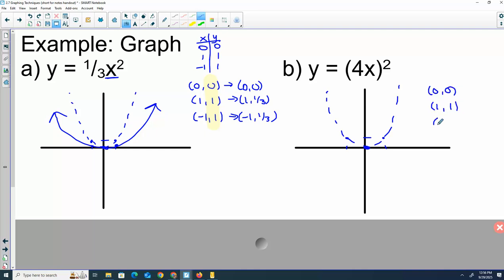Inside changes x and it does the opposite. Outside is y, does what it says. Inside x does the opposite. So what am I doing to my x values? Dividing by 4. So 0 divided by 4 is still 0. 1/4, 1. Negative 1/4, 1.